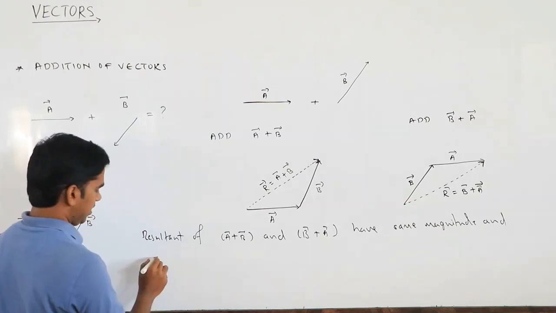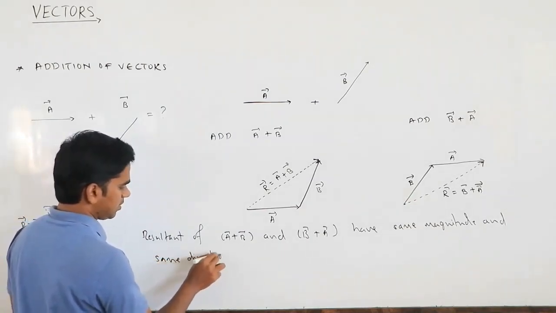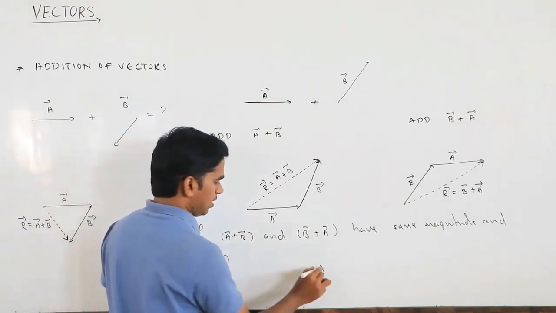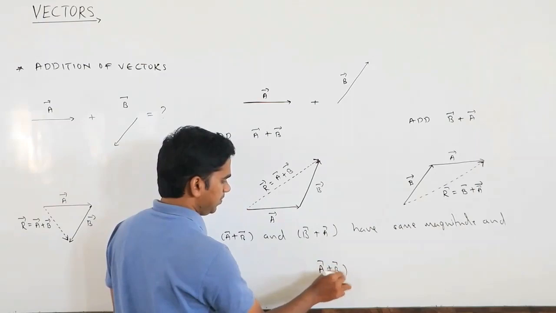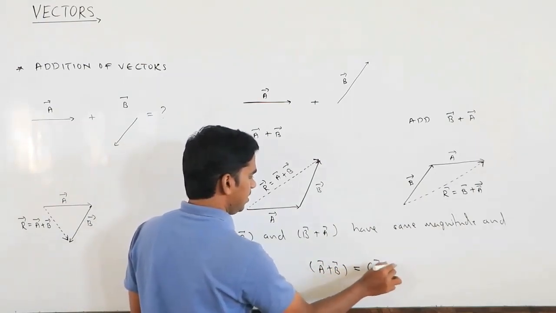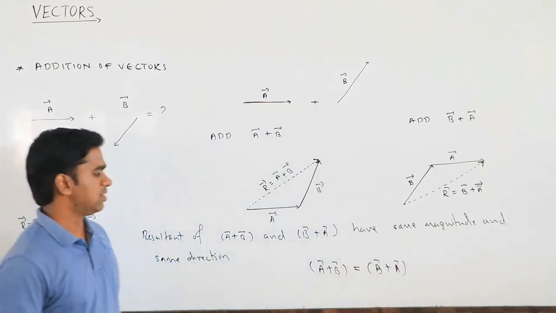So you can say vector A plus B is equal to vector B plus A.